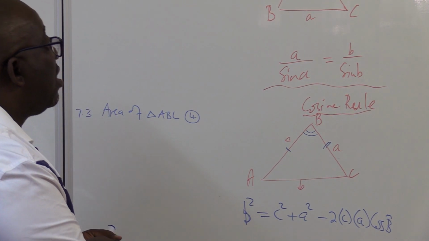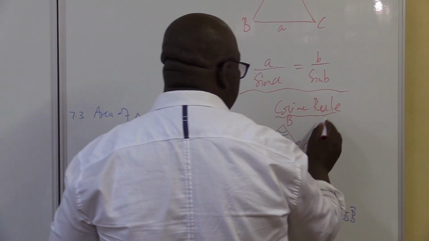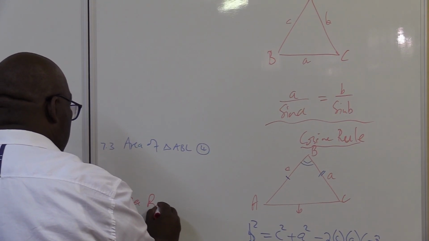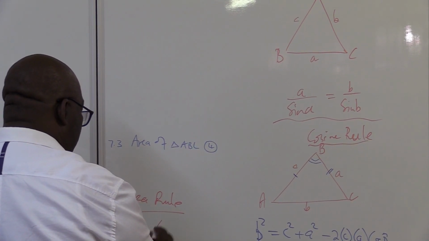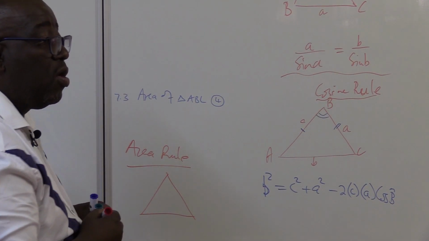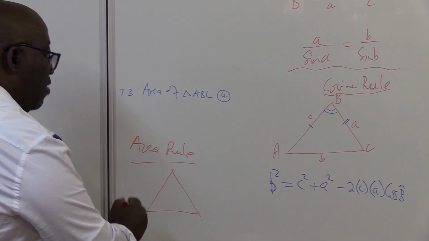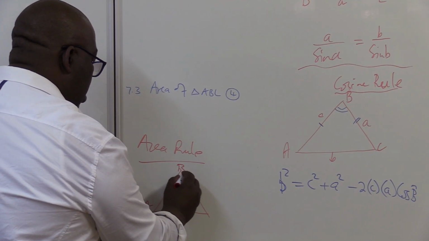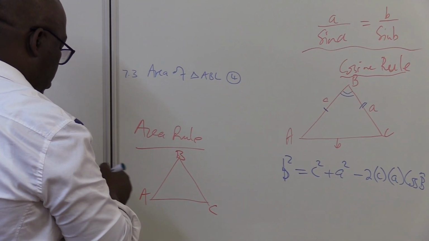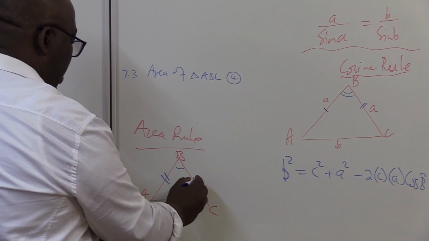Let's go to the area rule. Remember, there are only 3 rules: the sine rule, the cosine rule, and the area rule. When we ask you about the area rule, we'll give you the same conditions as in the cosine rule, where if this is A, this is B, this is C, maybe you'll have this angle, you'll have this side, you'll have that side.